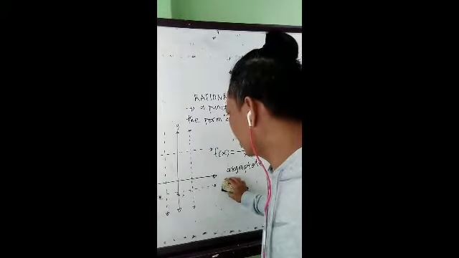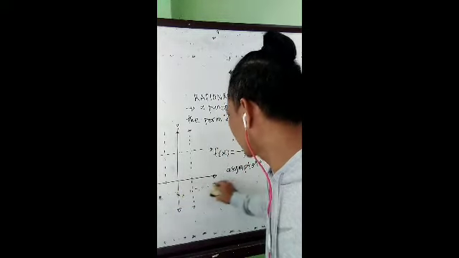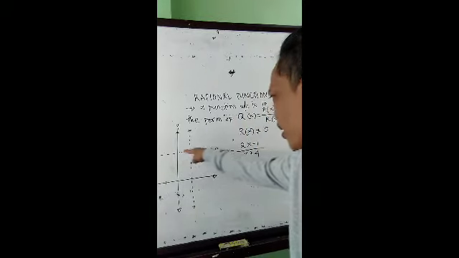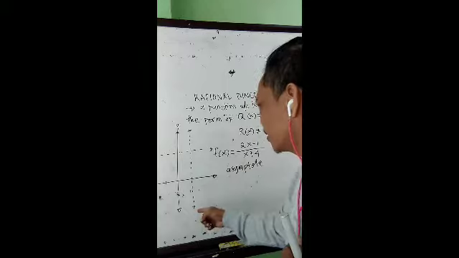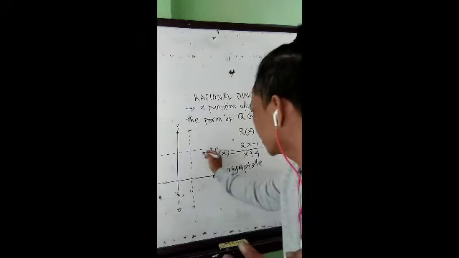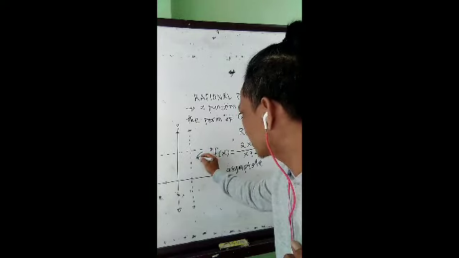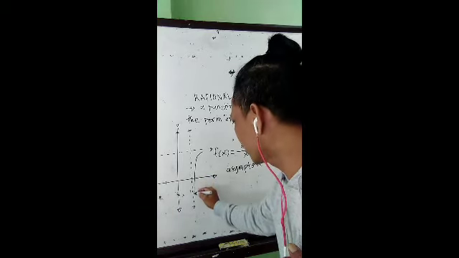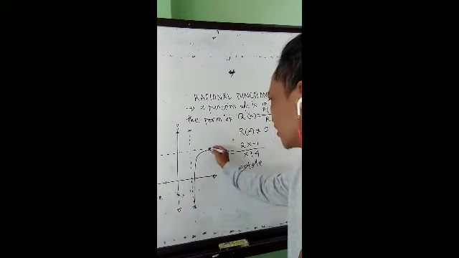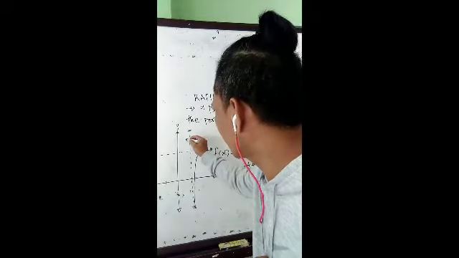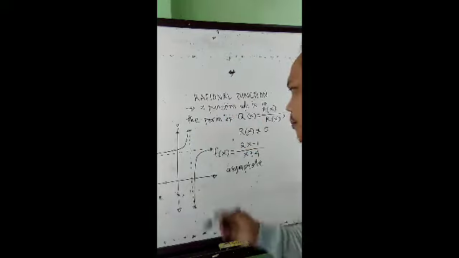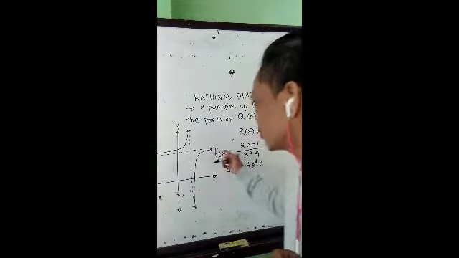Now, for example, if our horizontal asymptote is located here and your vertical asymptote is located here, it acts as a limit of the graph. Let's say the graph of your function is here. It will be extended. It tends to be closer and closer to the asymptote, but it will never touch it. Or if we have here, it will be extended up to infinity and will tend to be closer and closer, but will never intersect those asymptotes.